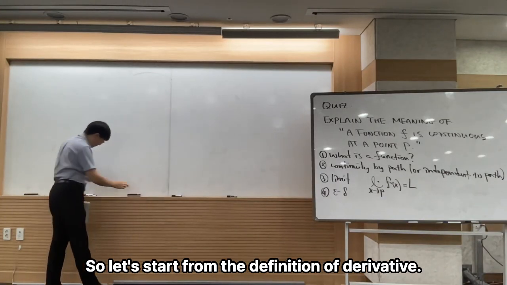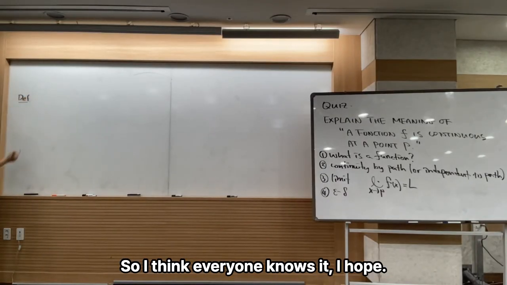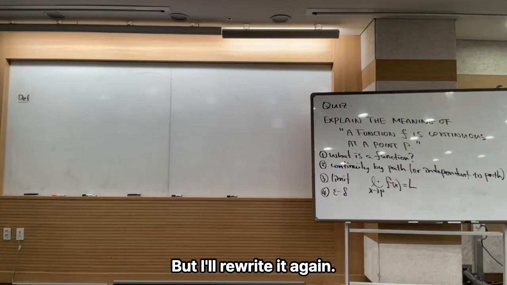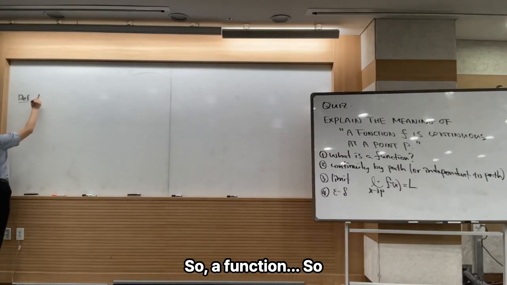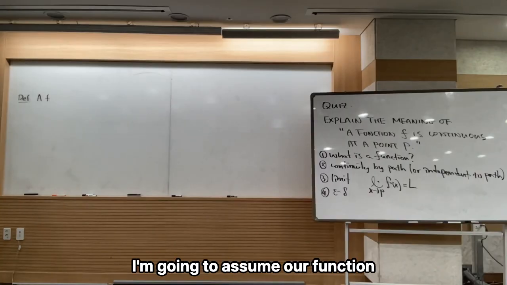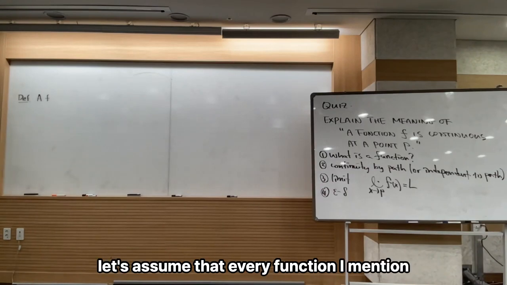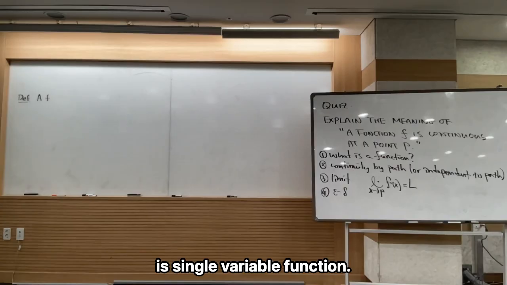So let's start from the definition of derivative. What do you mean by derivative? I think everyone knows it, I hope, but I'll rewrite it again. For this class only, I'm going to assume our function from now on is a single variable function. Even though I started with the multivariable function, from now on, let's assume that every function I mention is a single variable function.